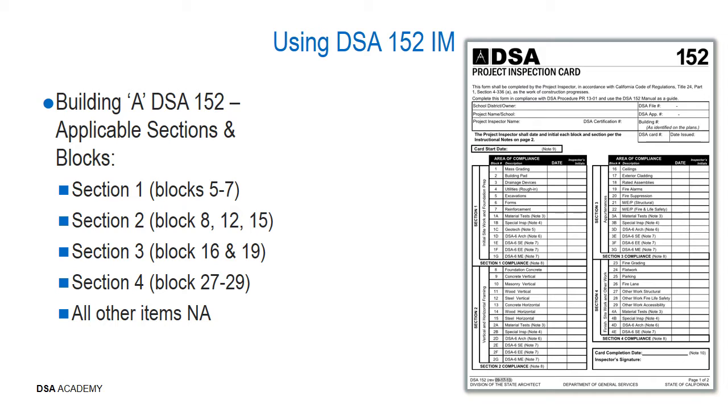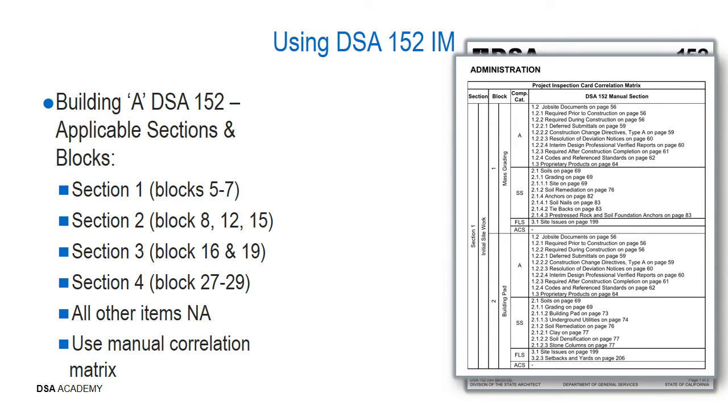All of the other items for at least this building A are not applicable, so that's what you would provide in the date, and then you would still initial those items. And you could use the manual correlation matrix to help you with understanding which items you'd want to take a look at in further detail.